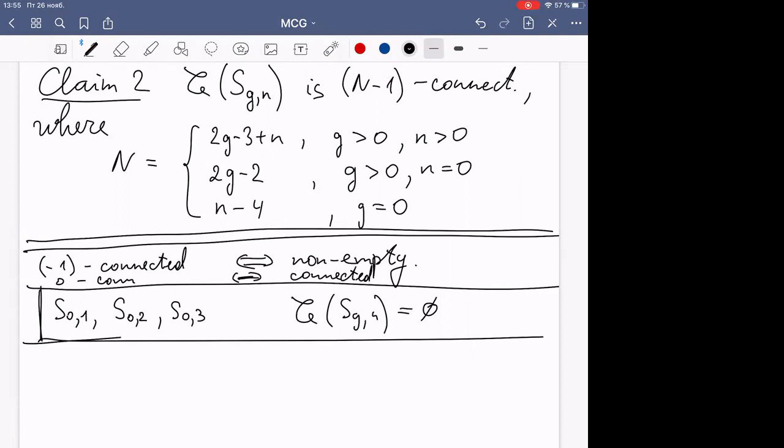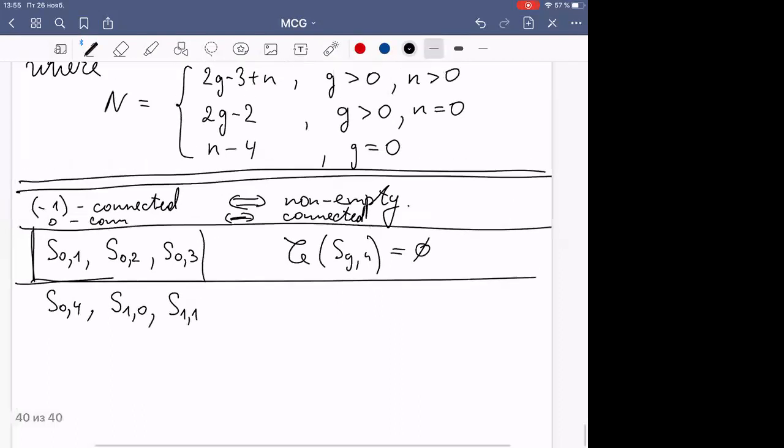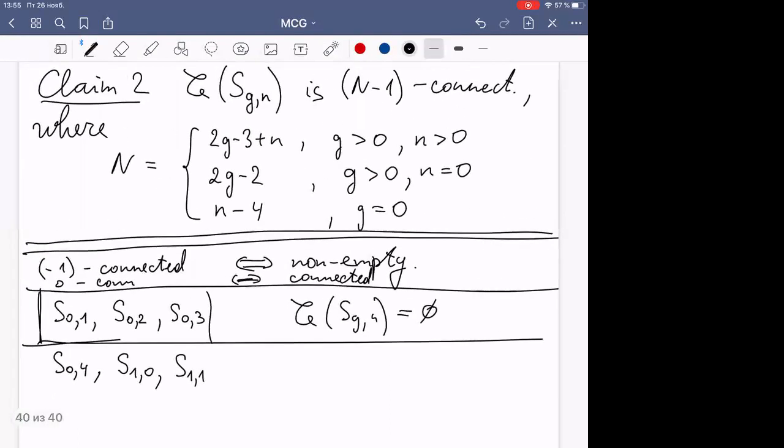The only situations except for these three that are not interesting are three situations: a sphere with four punctures, a closed torus, and a torus with one puncture. In all these situations, the corresponding formula gives us 0. This number N is 0.